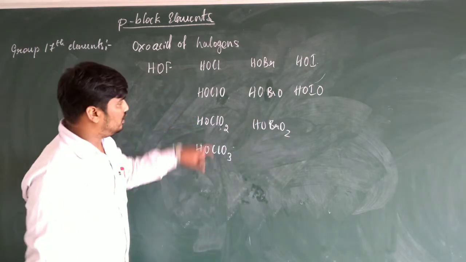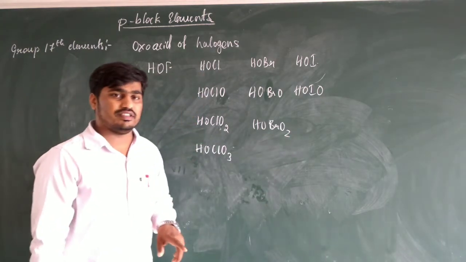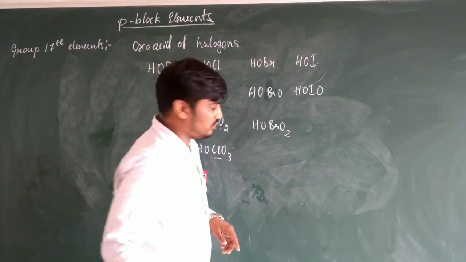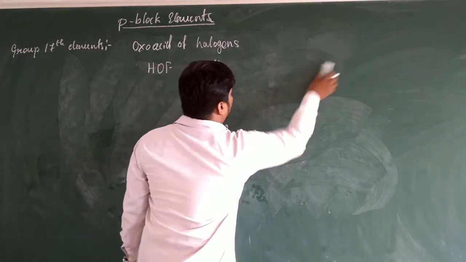But we observe all types of oxoacids in the case of chlorine. Therefore, this part is very important.